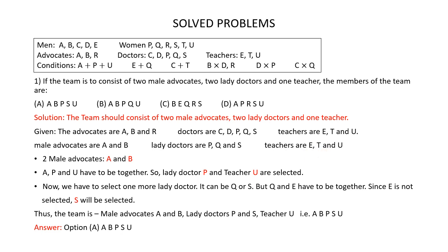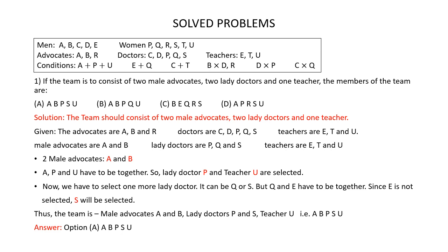So now we have to form a team which consists of two male advocates. As you can see here, the male advocates are A and B. So clearly the two male advocates that will be in the team are A and B. Now let's find out which two lady doctors and which teacher will be selected for the team.